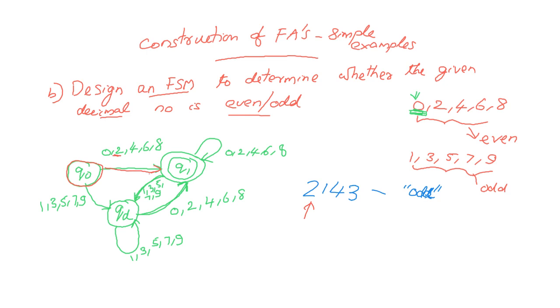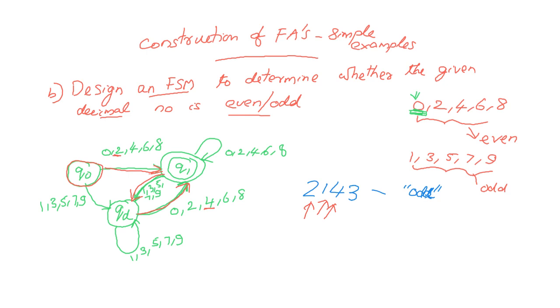Then from there we are getting a 1. The transition of 1 from Q1 is defined to QD, so we'll be going here. After that we are given 4, so we'll be going back here because the transition of 4 is given here.